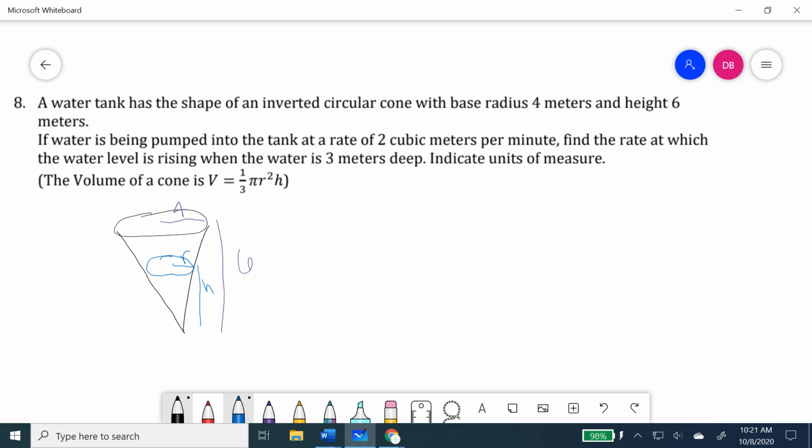After your picture is drawn and everything, your first focus is what rates of change are we working with here? So 2 cubic meters per minute, write it down. And it's being pumped in, so positive 2 cubic meters per minute.